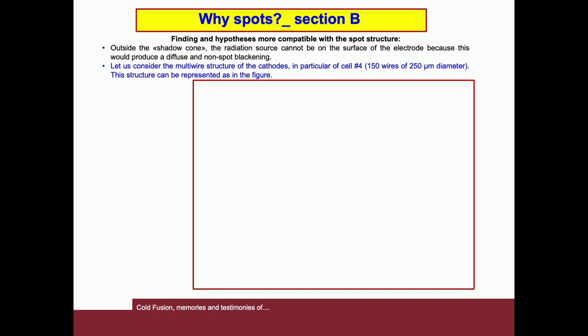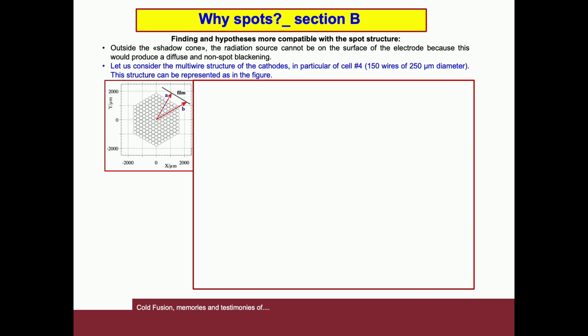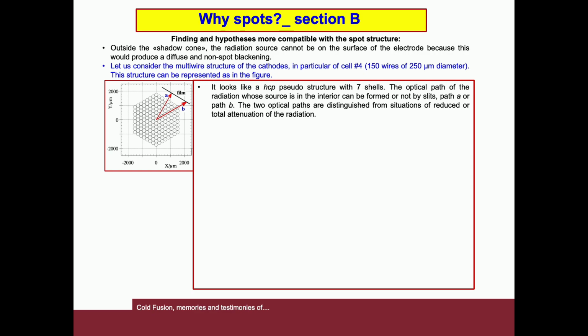Let us consider the multi-wire structure of the cathode, in particular of a cell made of 150 wires of 250 microns in diameter. This structure can be represented as in the figure and is presented as a pseudo-HCP structure with 7 shells.